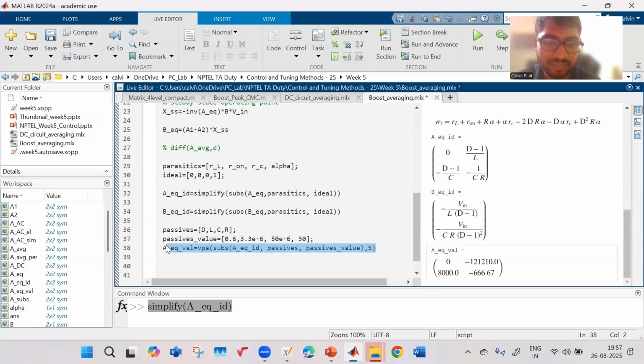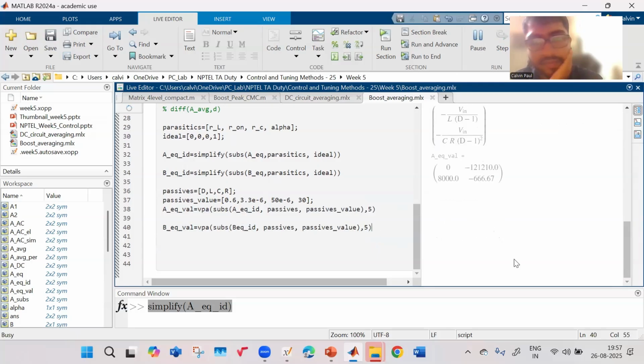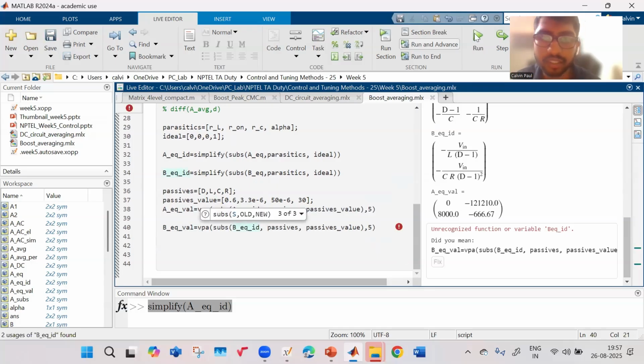So we can do B equivalent value also. This will be current ID, substitute value, we get ID.